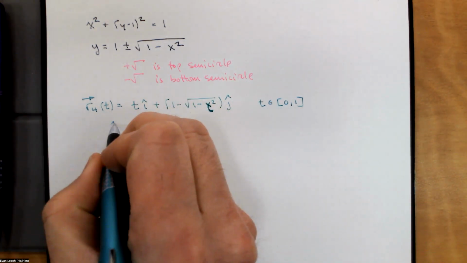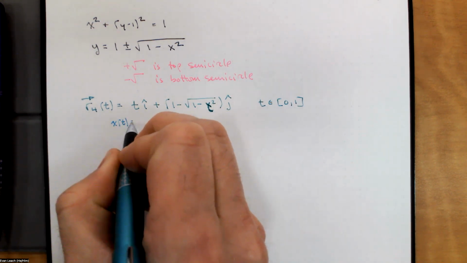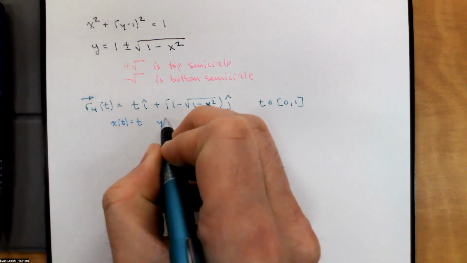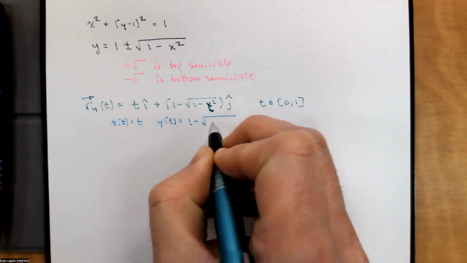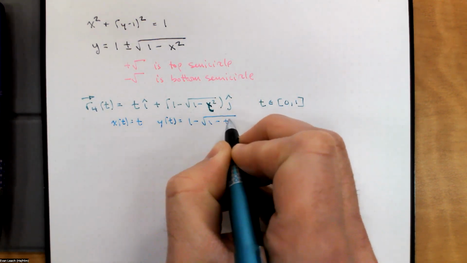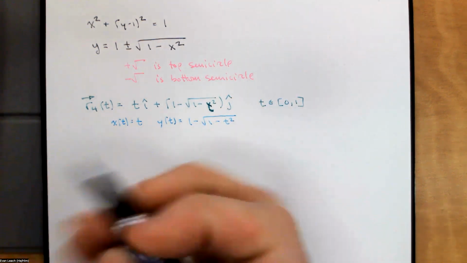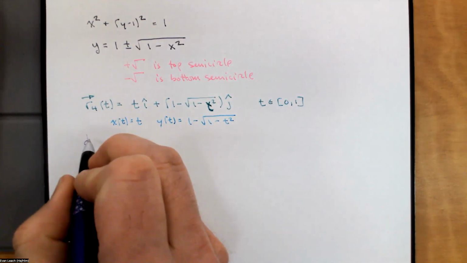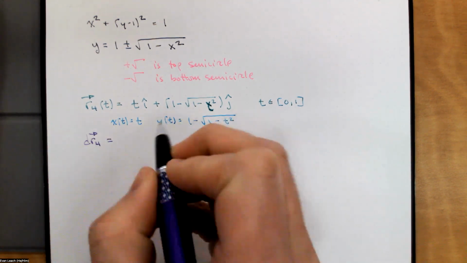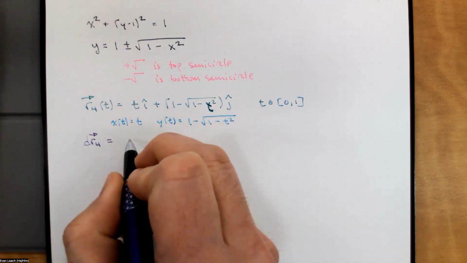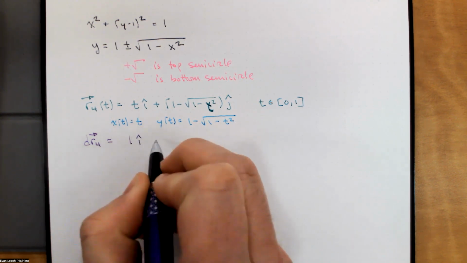So our x of t in this case is the easy one, but our y of t is messy. And finding dr in this case is also going to be messy. The derivative of the i component is just 1, so that's kind of nice.